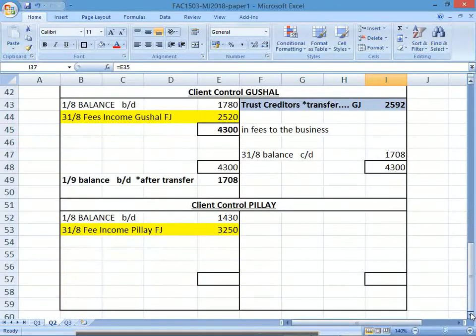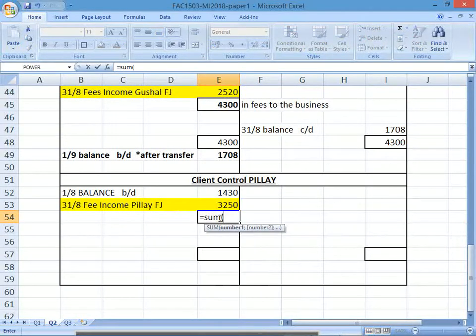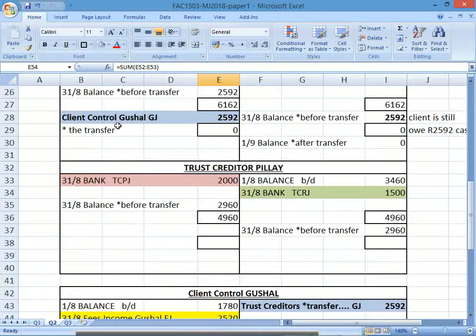If I look at the client control, how much fees are we going to be charging this client? Let's sum up. We're going to charge this client 4,680. Again, you're limited to what's sitting in his trust account, okay, his trust bank account. Right, so again, same thing would apply here. Copy paste this, representing the transfer.